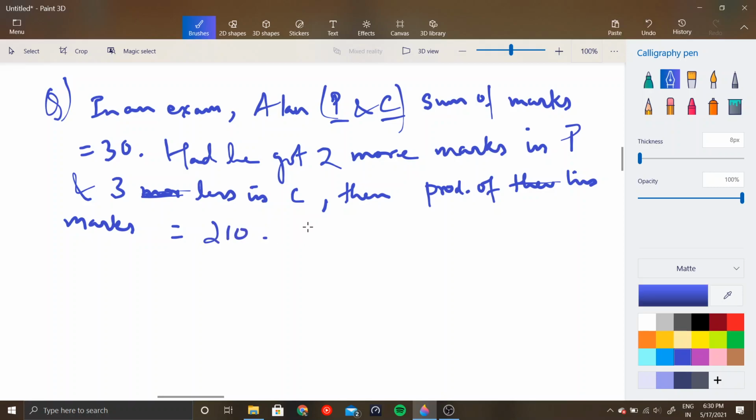Now you need to find his marks in the two subjects. Okay, so this is already very tempting, right? How do you go about solving this problem?